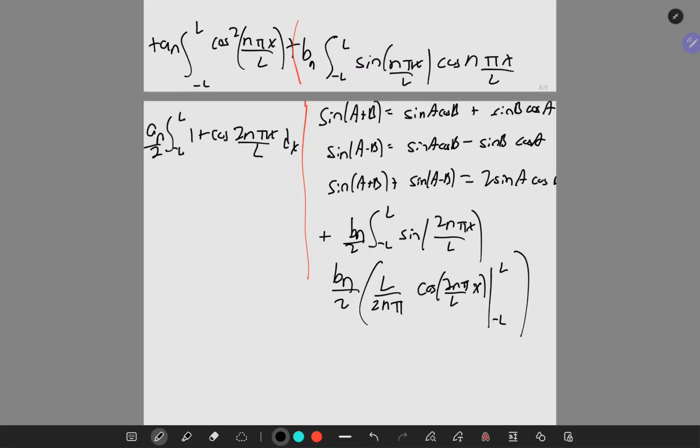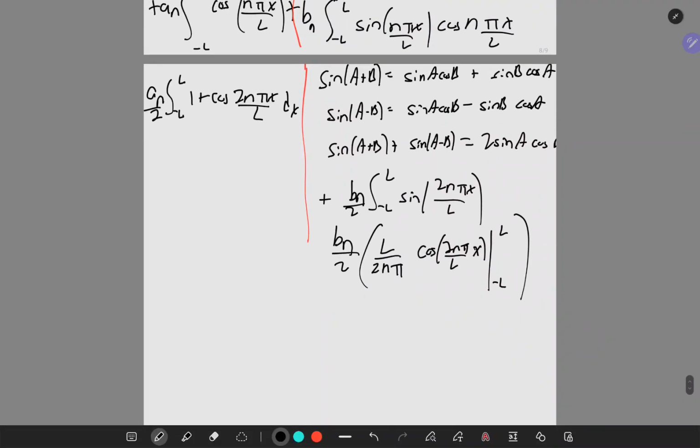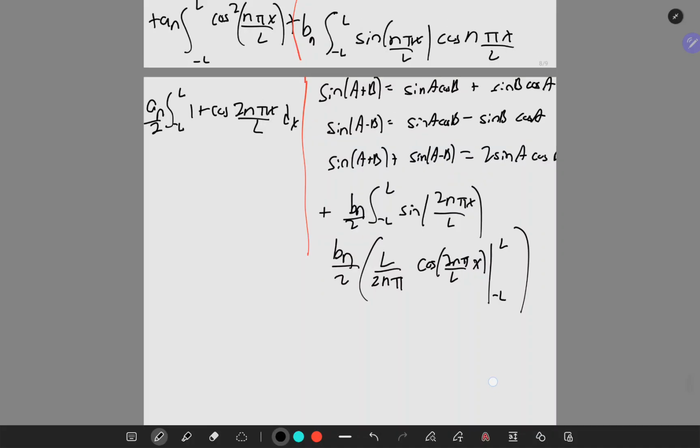If we were to plug L into there, we have cosine of 2n pi x minus, and they just cancel out, right? They're exactly the same. Cosine's an even function, so no matter what, if you plug a negative in there, it's not going to matter. It'll cancel, right?